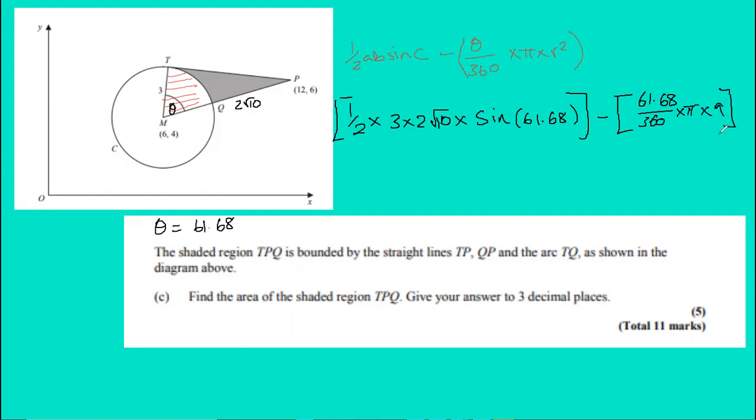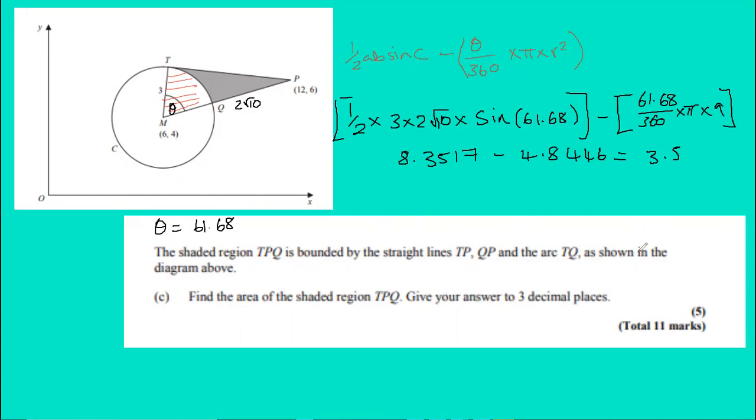Okay. So this here will give me approximately 8.3517. This part here will give me about 4.8446, leaving my answer as 3.5. They want it to 3 decimal places.